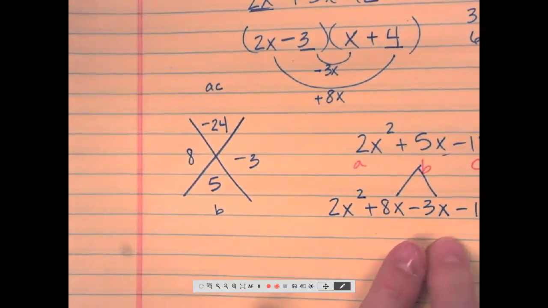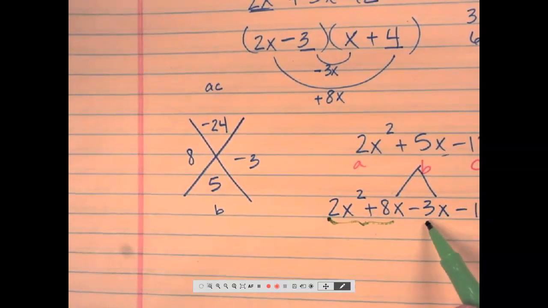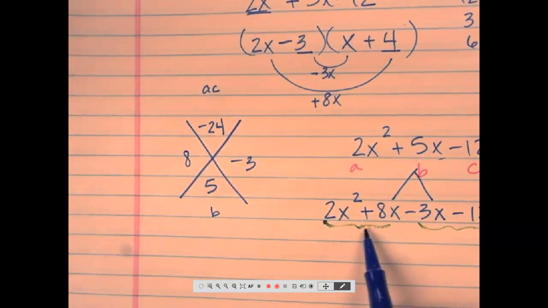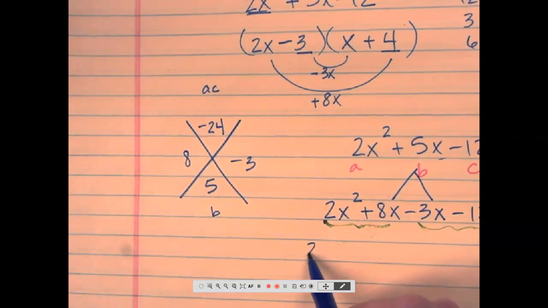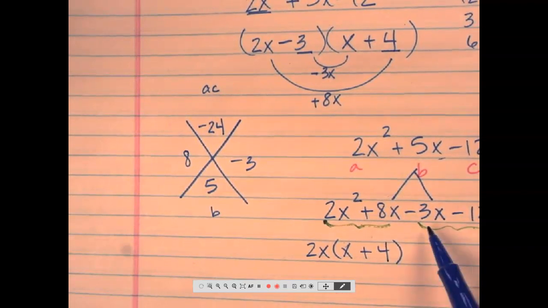Now I can use factor by grouping. I think Coach Harper uses this method if you had him for Algebra 2. What do these two terms have in common? 2x. Times what? X plus 4. What do these two terms have in common?